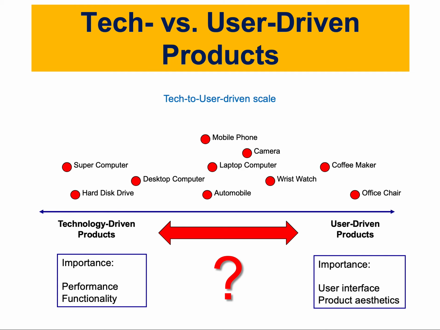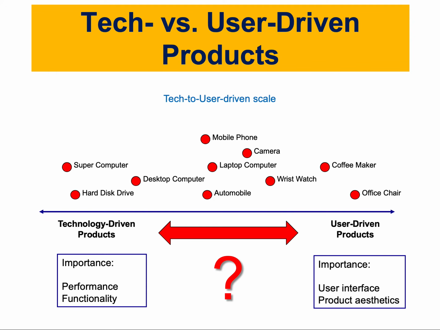If you go to the technology driven side on the left of the screen, you have the supercomputer. You need it very fast, with high storage capacity, so it's about performance. And some supercomputers use optical fibers for their communications.